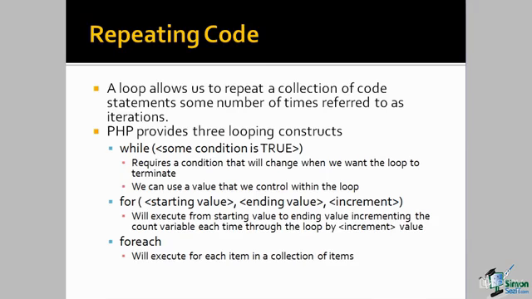The while loop uses some condition that resolves to a true or a false. And as long as that condition is true, the block of code that's controlled by the while loop will continue to execute. So within that block of code, we must set the condition that will terminate the loop. Otherwise, the loop will run infinitely because the condition will always be true.